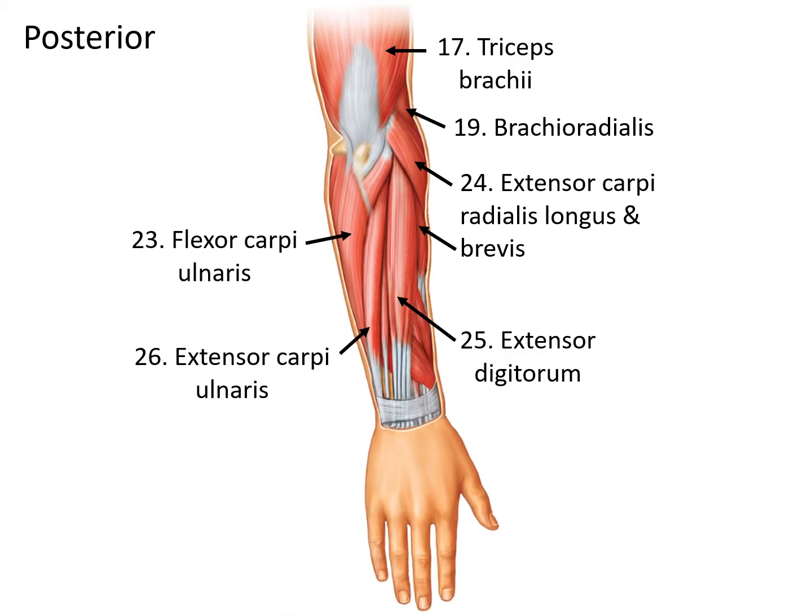And finally, the posterior forearm. So again, we can see the triceps brachii at the top. We can just see a little of the brachioradialis here. And then moving across from lateral to medial, the extensor carpi radialis, longus and brevis.